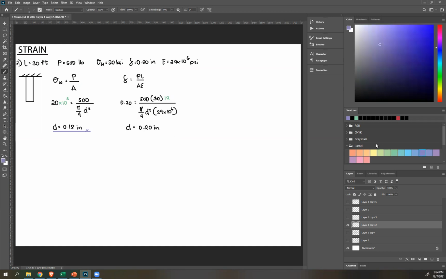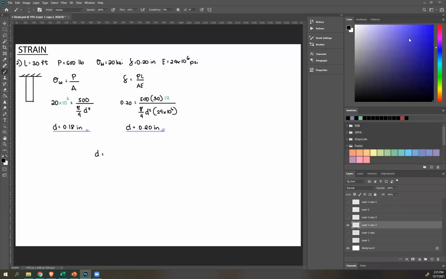Okay, again, that's not the final answer yet. That's the potential answer. So from these two, which should be our final answer? Everyone, please answer 0.18 or 0.20. Okay, almost everyone got it correct. Very good. The answer is 0.20.